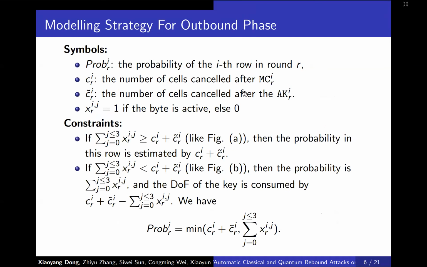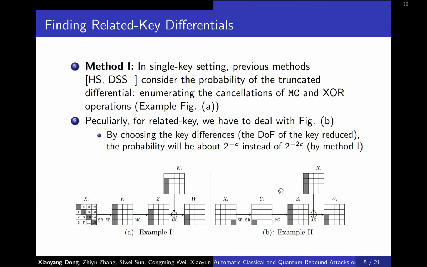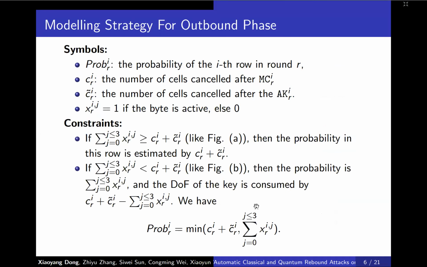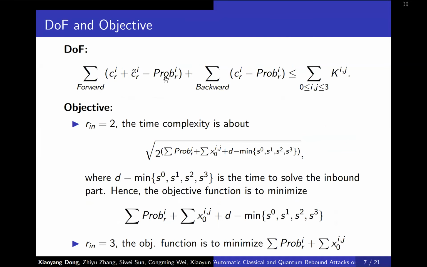So we introduce constraints to deal with this condition, and we introduce symbols for the degrees of freedom. This equation is the consumption of the degrees of freedom.